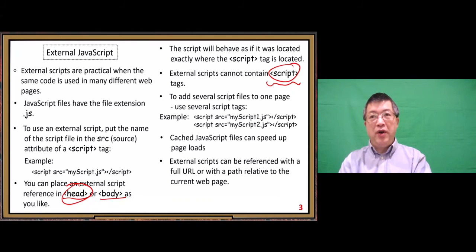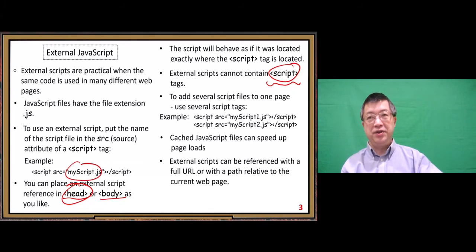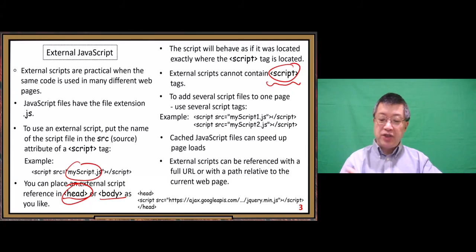Then the last point, we need to know external scripts can be referenced with a full URL. I mentioned that. Now we will see it. So this is the example.